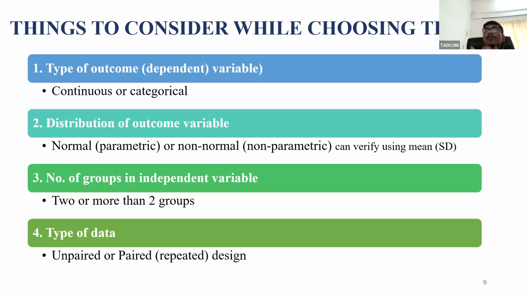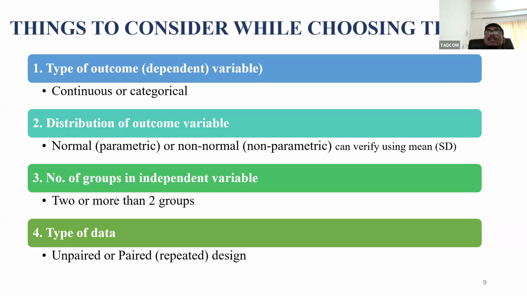If it is 2, we use one kind of test; if it is more than 2, we go with another kind of test. Last is whether our data is paired or unpaired. These are the things we look for before choosing our statistical test.